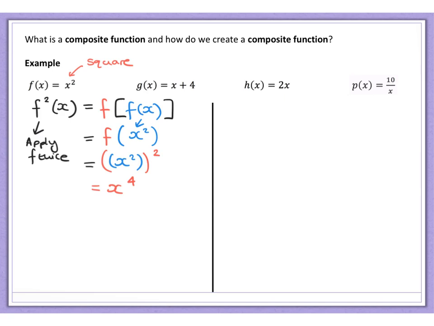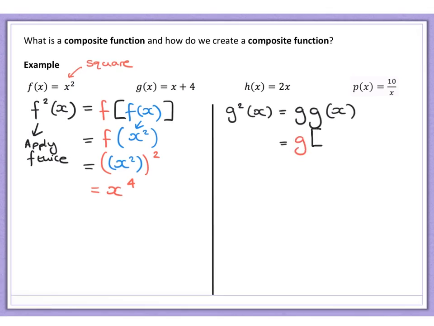Let's have a look at the function g squared of x, which of course means g of g of x, which means we're applying g to g of x. We're applying g of x first and then applying g again, which means we're applying g to x plus 4.